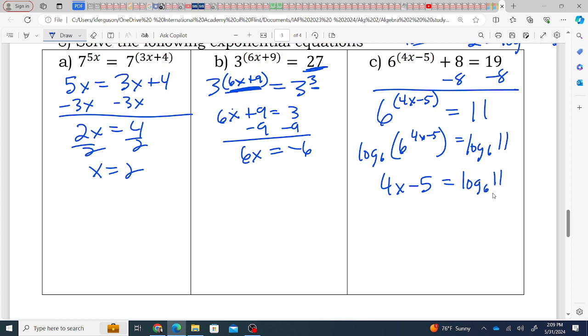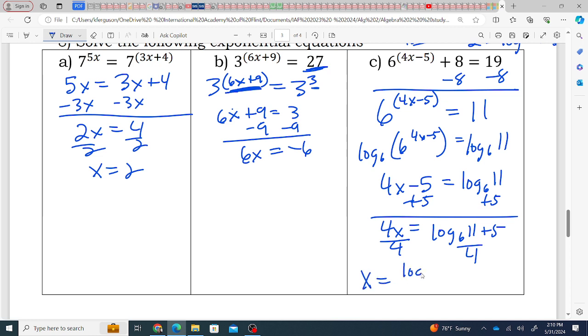Now that's an actual number, but since you're not getting calculators, you don't have to worry about finding the actual number. All you need to do is deal with this. The next thing I'm going to do is add 5 to both sides. So I'm going to get 4x on the left and log base 6 of 11 plus 5. Then I divide by 4 on both sides.